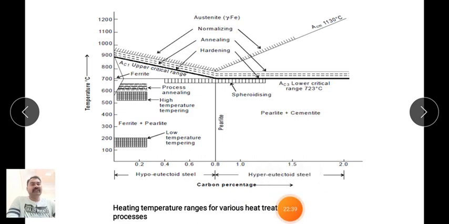Depending on that we can study each process one by one, for hypoeutectoid steel and hypereutectoid steel. The question may be asked separately, what is the heat treatment process, give the heat treatment of the full annealing process, or explain any two annealing heat treatment processes. In that case we will just draw the simple diagram and explain the heat treatment using that diagram.